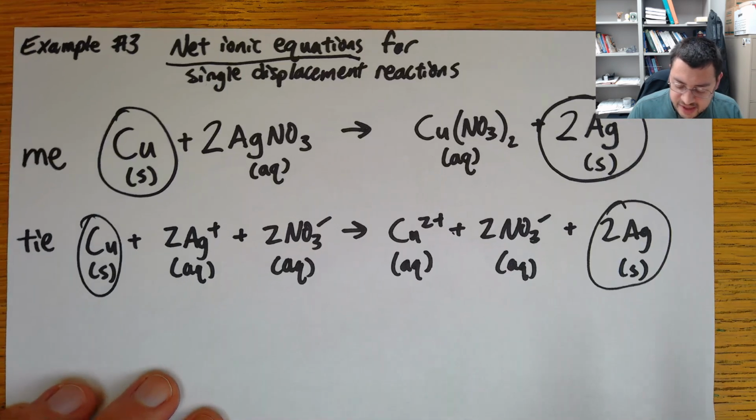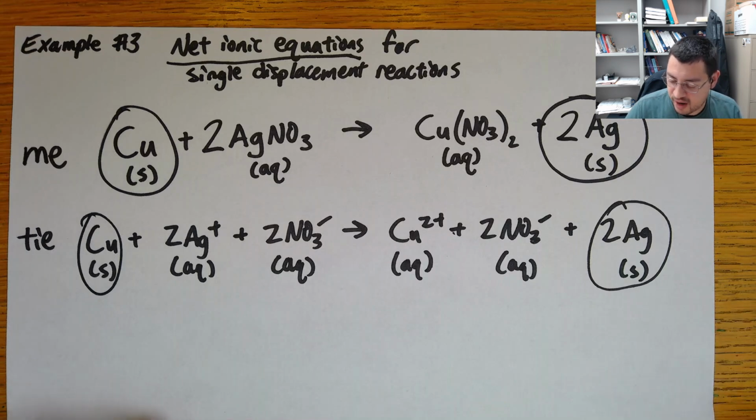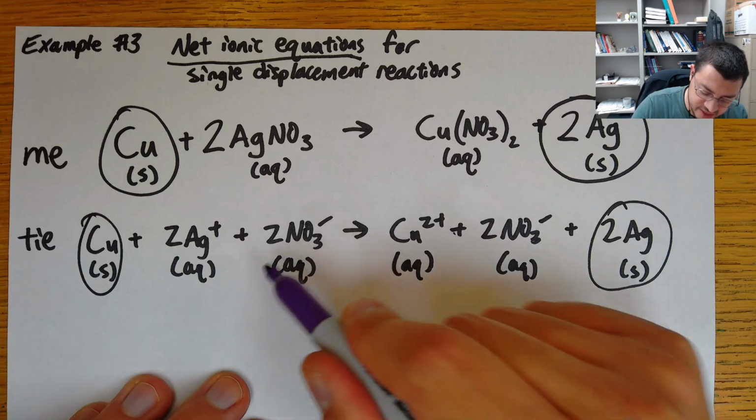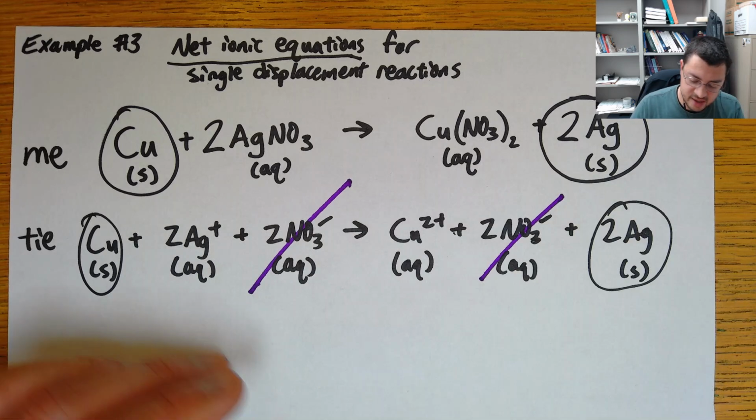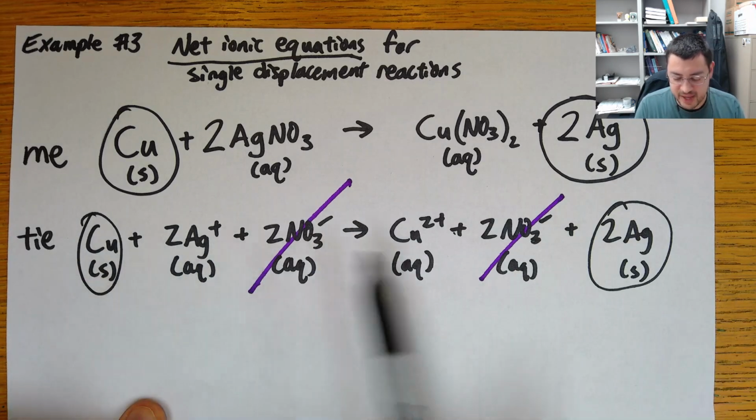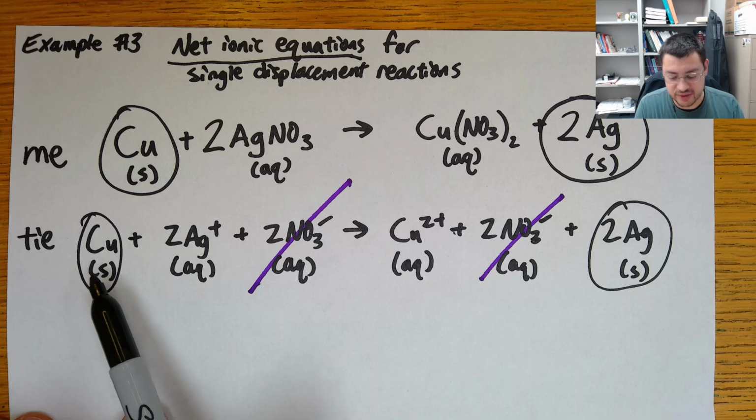And then we're going to look for any spectators. Spectators are aqueous on both sides of the equation, any spectator ions. They're watching the reaction. They're not actually participating in the reaction. All right, we have 2 nitrates on each side, so that can go away. We don't call copper a spectator because here it's neutral, here it's 2 plus.